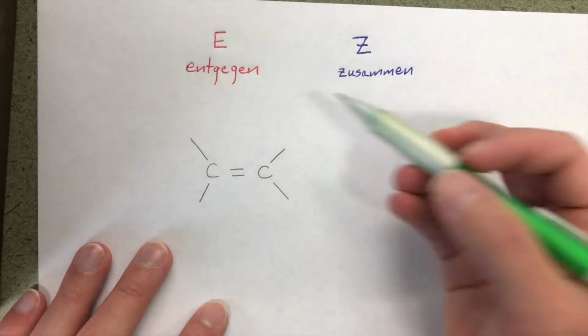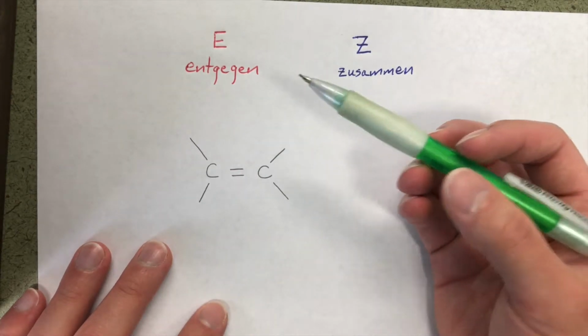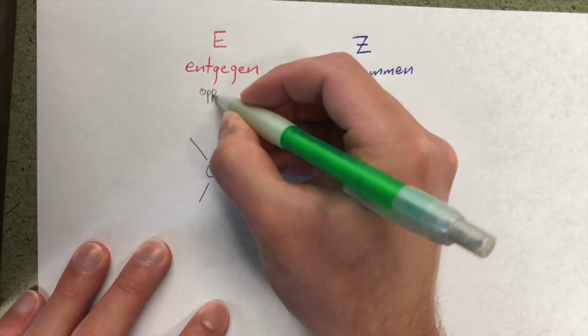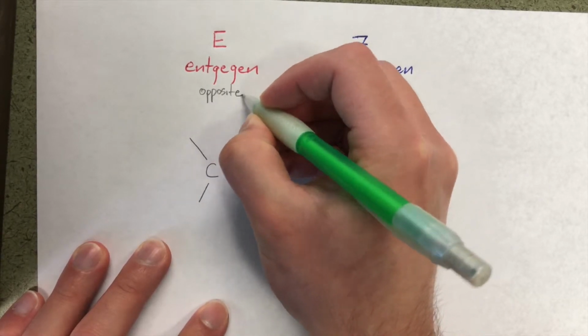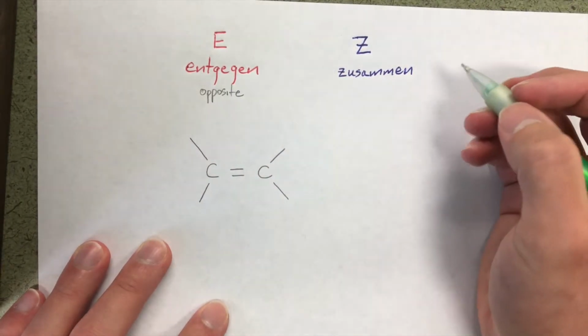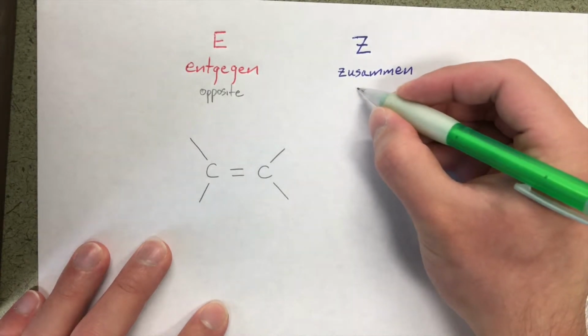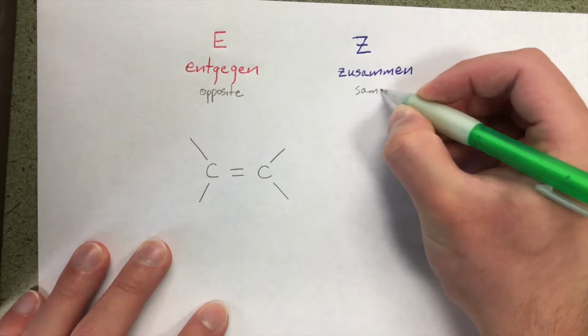And as you can see here, E stands for Entgegen, which is actually just the German word for opposite. And then Z is the German word for zusammen, and as you might have guessed, it's the German word for same.